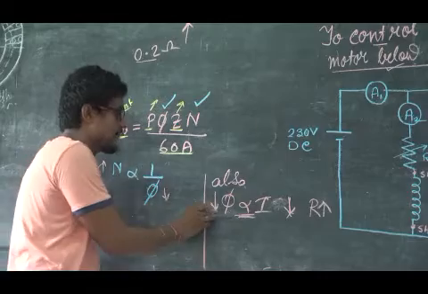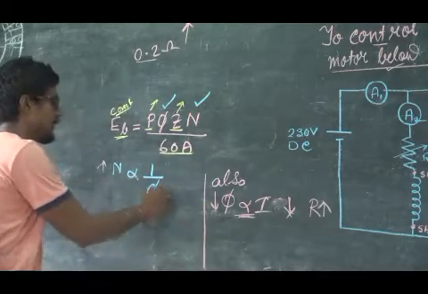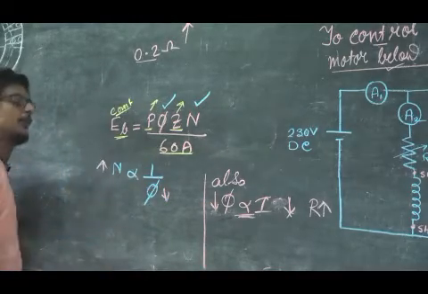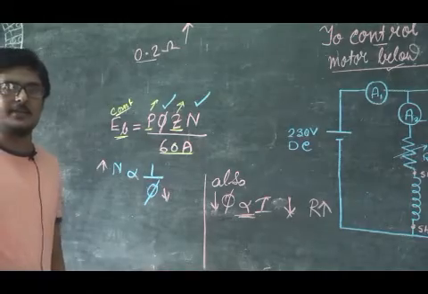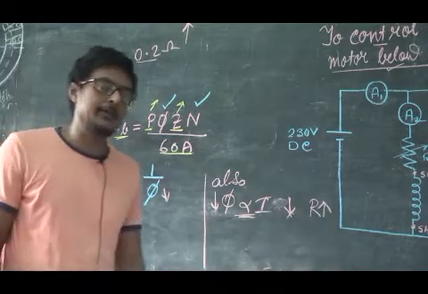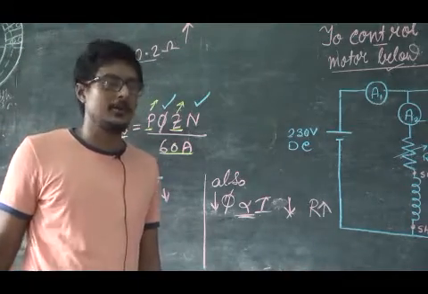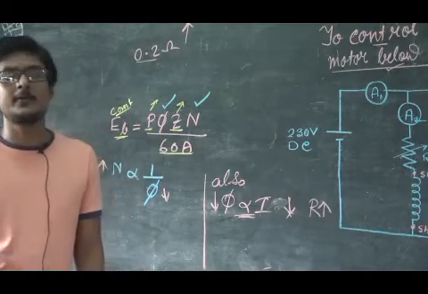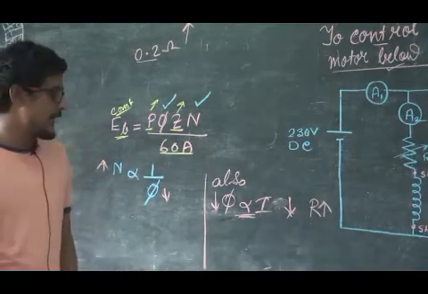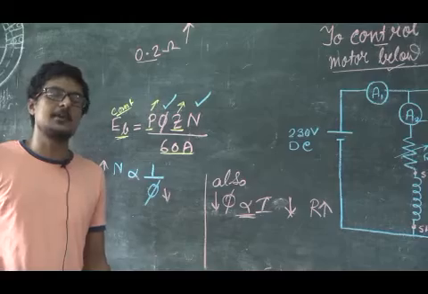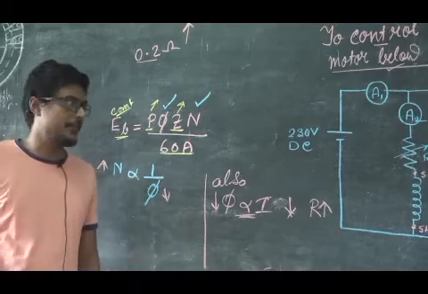And since the flux is going down, the speed goes higher, that is above the rated speed. So we can conclude that by the field flux control method, also named the field current control method, we can get the speed of a DC shunt motor above its rated speed.